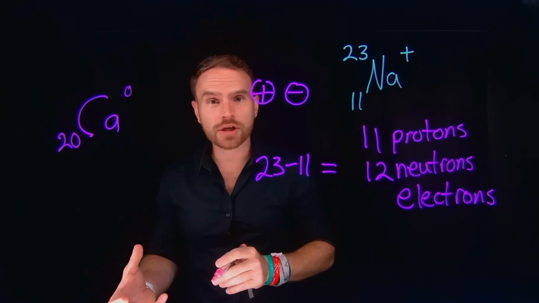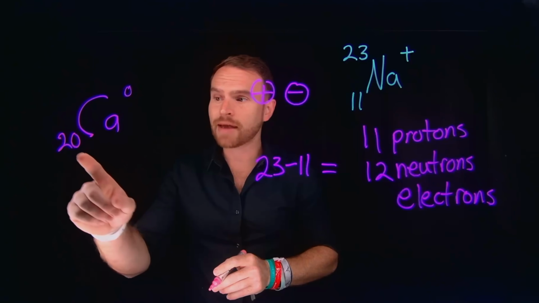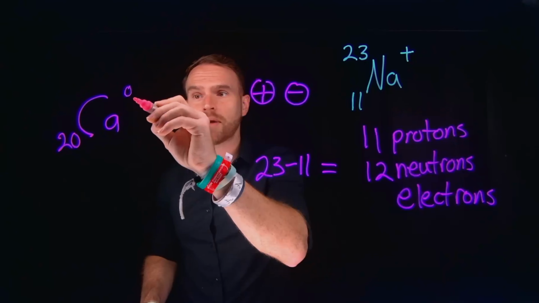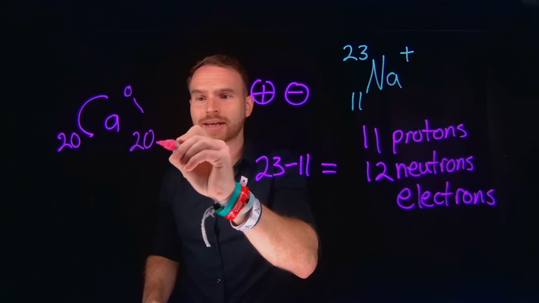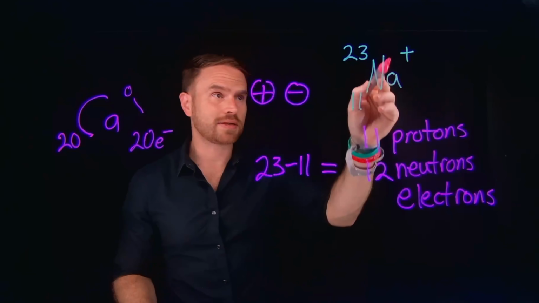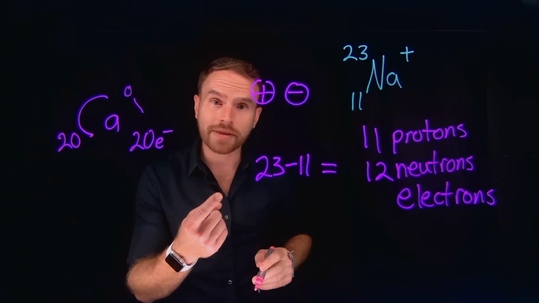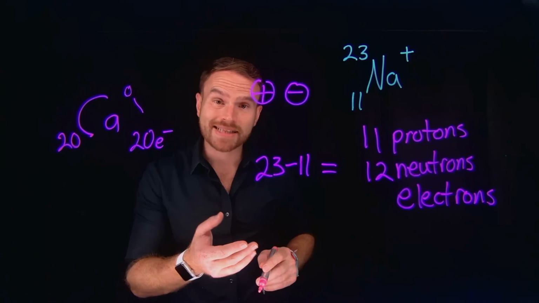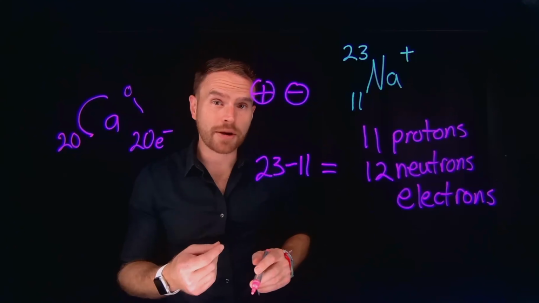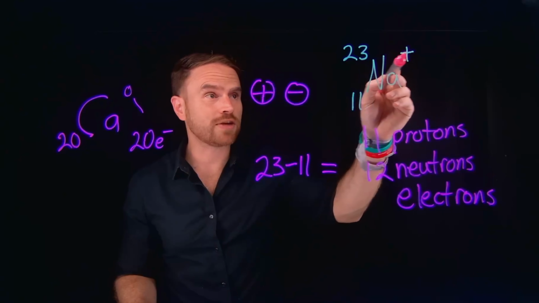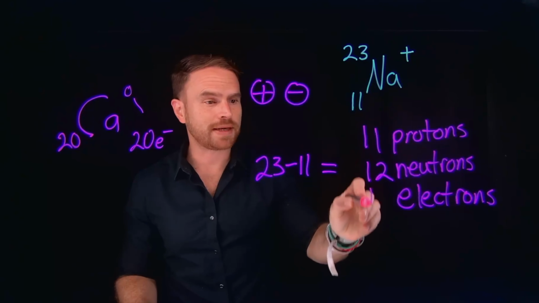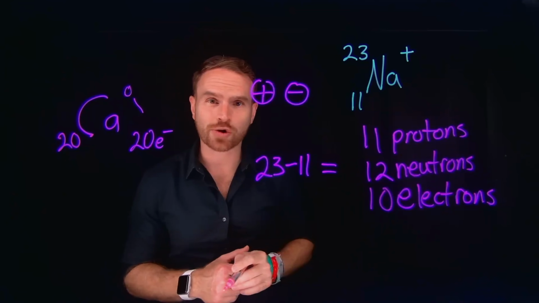And in order for the charge to be 0 for calcium, if there were 20 protons, then there must have also been 20 electrons. But in this case, we see that there's a 1 plus charge, and this indicates that there's one more proton than the number of electrons we have. And since there's one more proton than the number of electrons, this will give us a 1 plus charge, and that must mean that we only have 10 electrons for this ion.